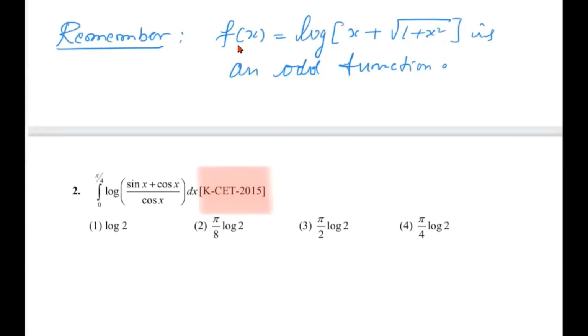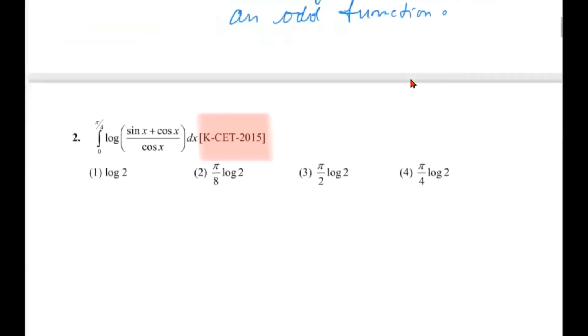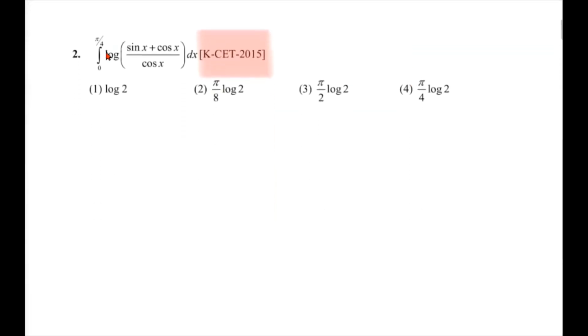Remember, f of x equal to log of x plus root of 1 plus x square is also an odd function of x. Now, the second problem is integral 0 to pi by 4 of log of sin x plus cos x upon cos x. So you can divide each term, that is sin x and cos x, by cos x.